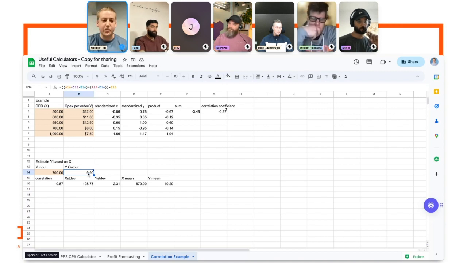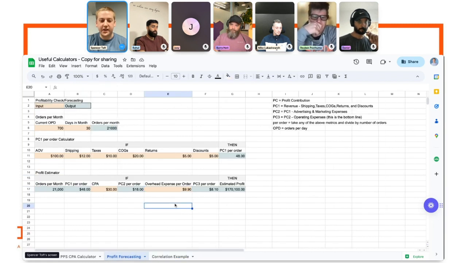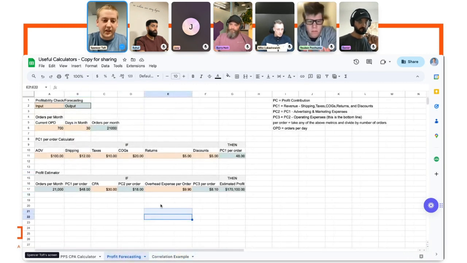In fact, if I were profit forecasting here, if this is my overhead expense per order, I may add $1 or two here just to be safe, especially if margins are really tight. But yeah, this can really help.